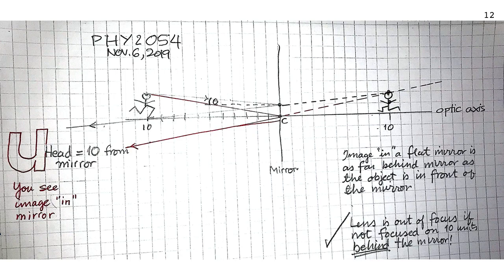You are here. If you are here, you see the image, and I'm going to put in parentheses the words in the mirror. It's not really in the mirror, and I'm going to show you why.